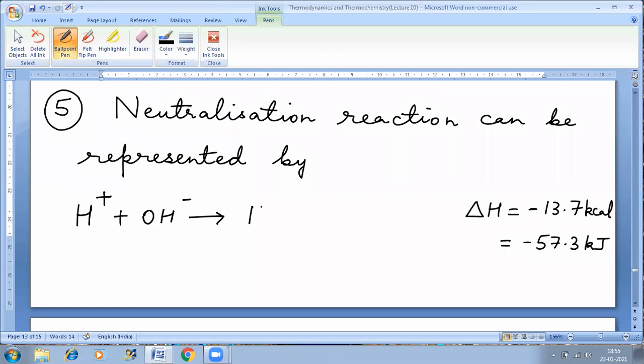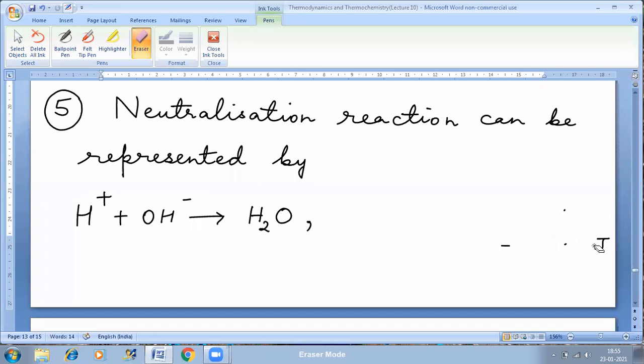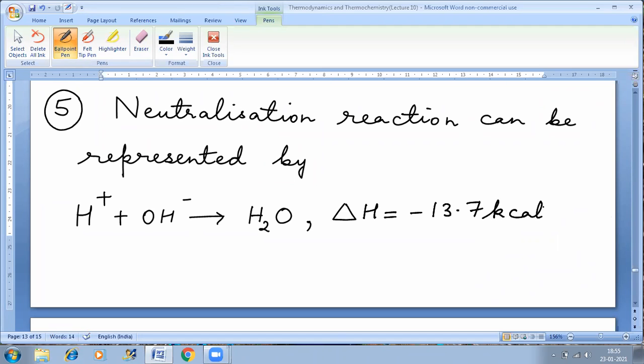Why haven't I written per mole of water formed? सिर्फ देखो मैंने किलो कैलोरी लिख दिया है, पर मोल नहीं लिखा है, पर मोल ऑफ वाटर. क्योंकि रिएक्शन में 1 मोल ऑफ वाटर ही तो बन रहा है ना, तो 1 into 13.7 will be 13.7 only finally. तो सीधा मैंने वो वैल्यू लिख दिया पर मोल ऑफ वाटर के लिए.